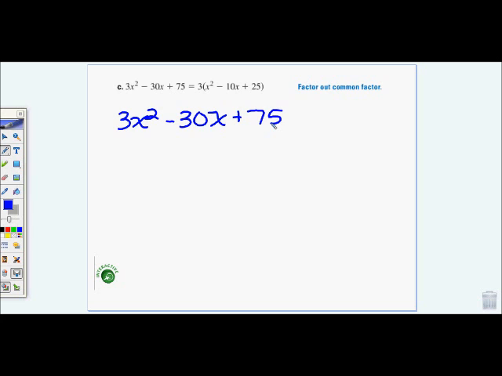But since it's not a perfect square, could we do something with that to get perfect squares? Okay, divide by 3. If I divide by 3, my first term is going to be a perfect square, and my last one is going to be a perfect square. My middle term, that's okay because it's going to be a sum, so that doesn't have to be a perfect square.